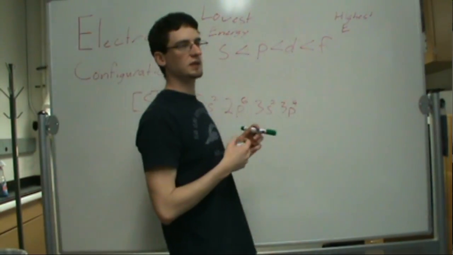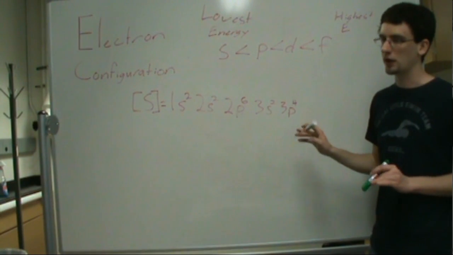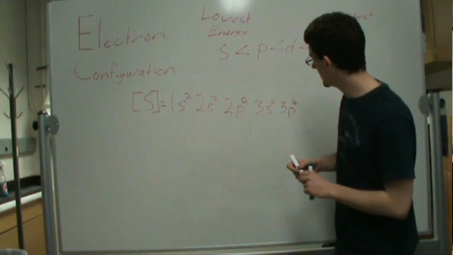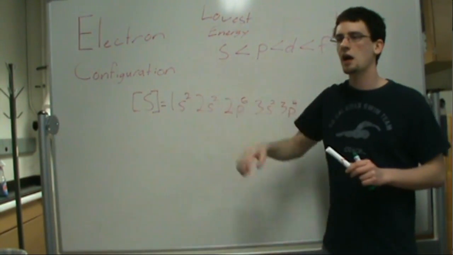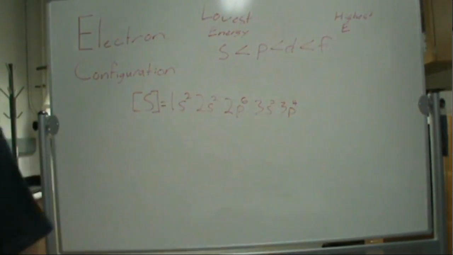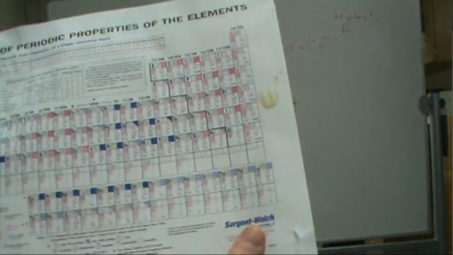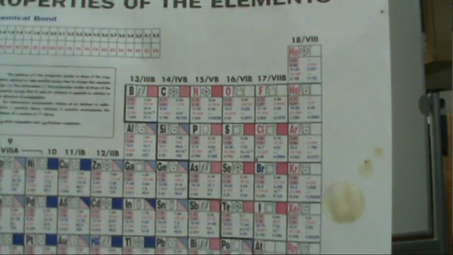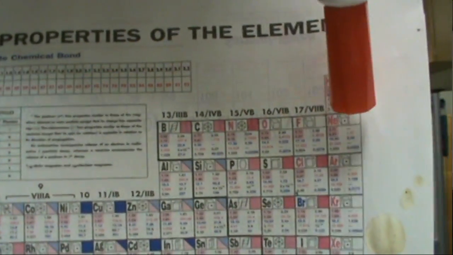But there's an interesting thing you can do. Instead of writing this full electron configuration, you can just state that it's going to have the same inner electrons as a noble gas that's on the periodic table. If we look at our periodic table, the closest to sulfur would happen to be neon.